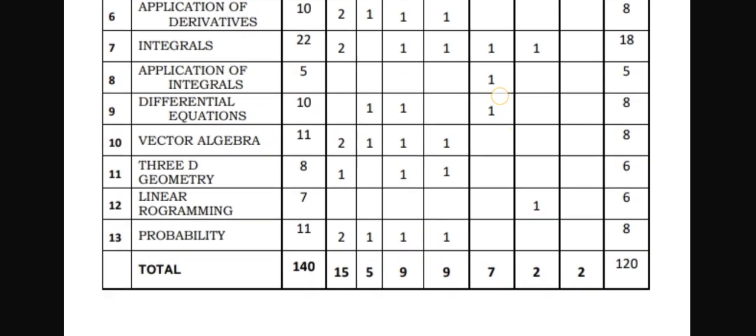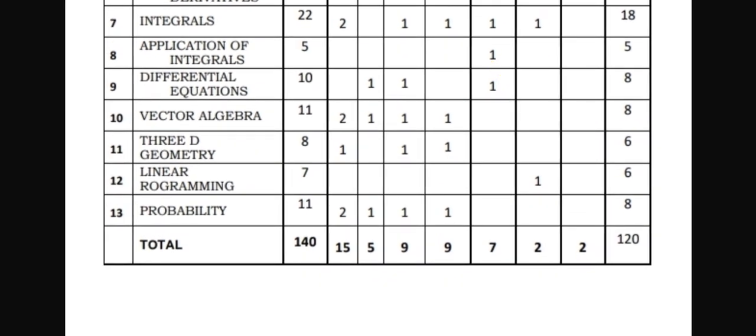Probability. From the probability concept there are two multiple choice questions, based on one formula, in the operations: probability of A given B is equal to probability of A intersection B divided by probability of B. Based on the conditional probability concept there are two questions, an MCQ and a fill in the blanks question.